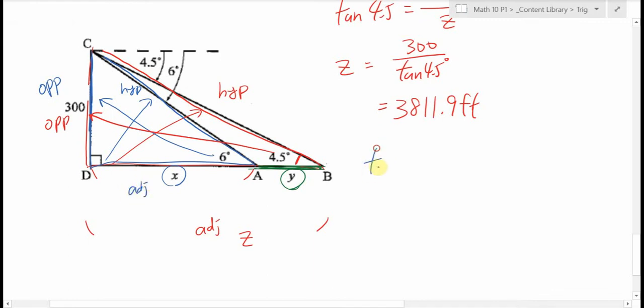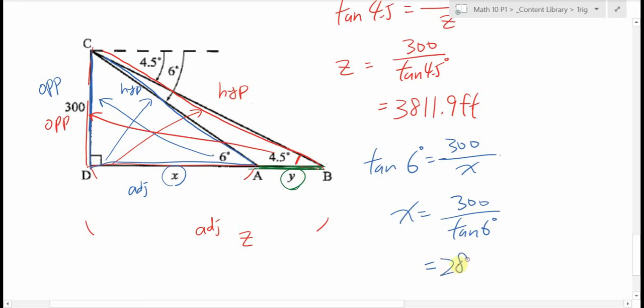Okay, so tangent of 6 degrees is equal to opposite, 300 feet, divided by adjacent, which we don't know, x. So x equals 300 divided by tangent 6. And that will give us, I have no idea, let's put it into calculator, tangent 6 degrees, 2,854.3 feet.